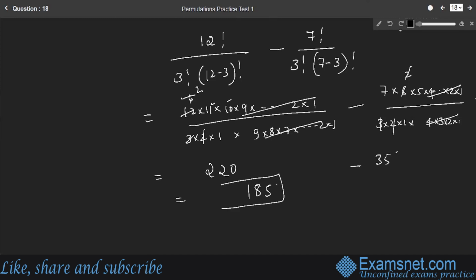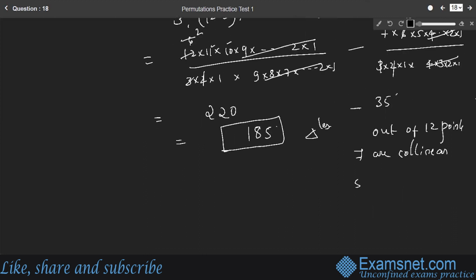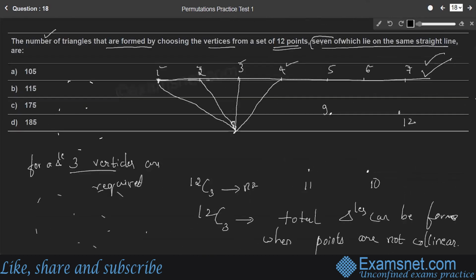So we can form 185 triangles out of 12 points, in which 7 are collinear, 7 points lie on the same line, and 5 are non-collinear. Therefore, 185 triangles can be formed.